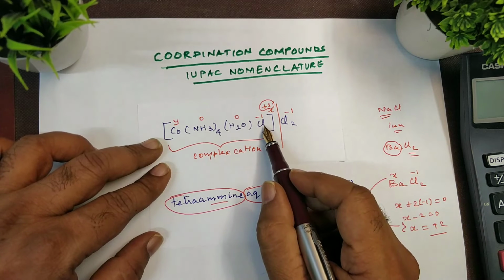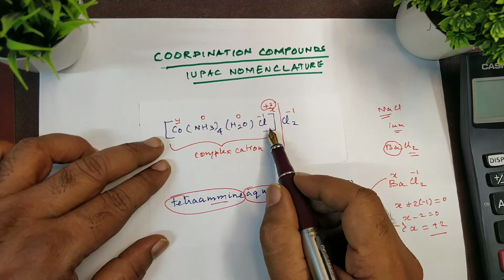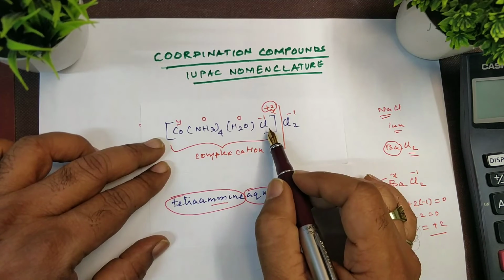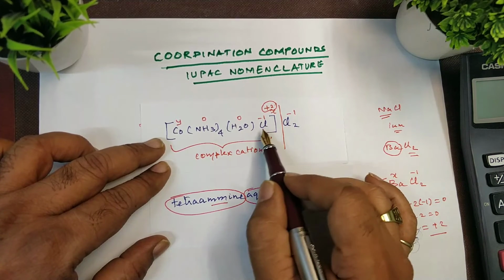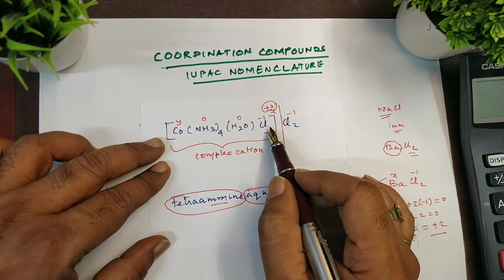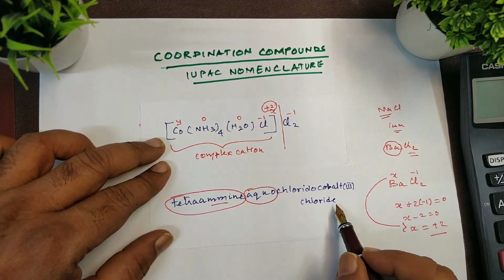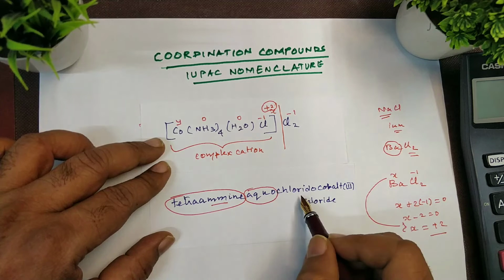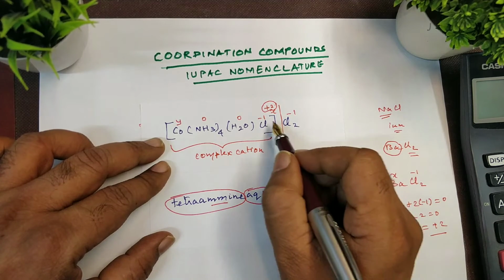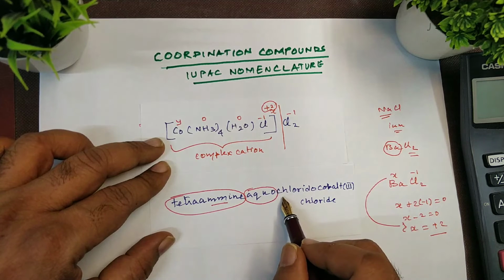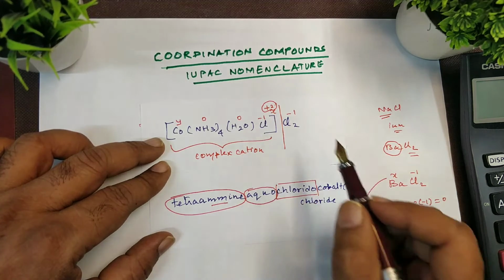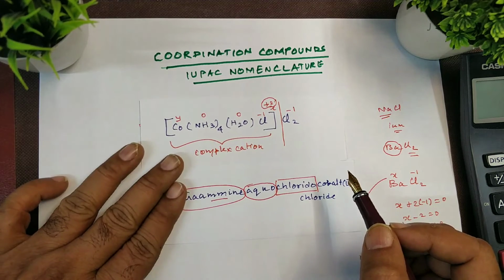And then chlorido. Usually it's called chloride, but in IUPAC nomenclature of coordination compounds, within the coordination sphere, chloride should be called chlorido. So the final E should be converted to O. When it is outside the bracket, it's chloride, but when it is inside the coordination sphere, it should be called chlorido. So chlorido has -1 oxidation number.